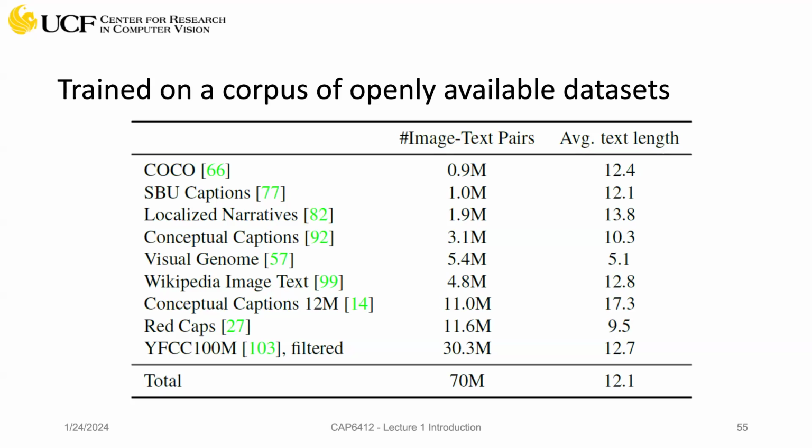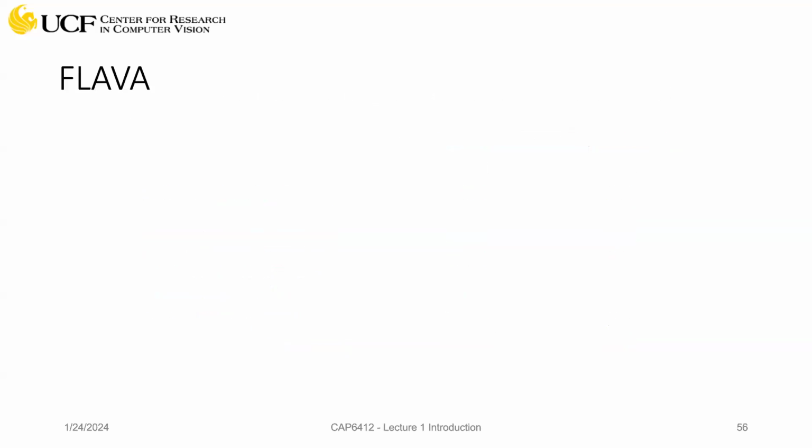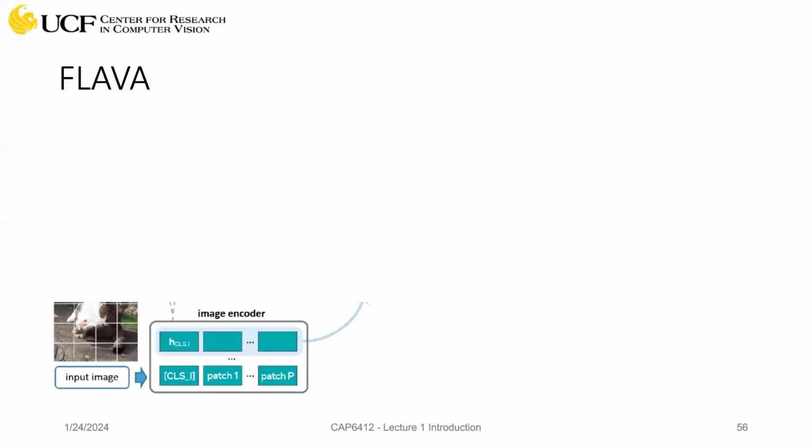Okay, so now they use these data sets which are publicly available. So they have 70 million image and text pairs, with an average length of about 12 words. And with that, how the system works is also very intuitive, very simple. So you have an input image and you run an image encoder.